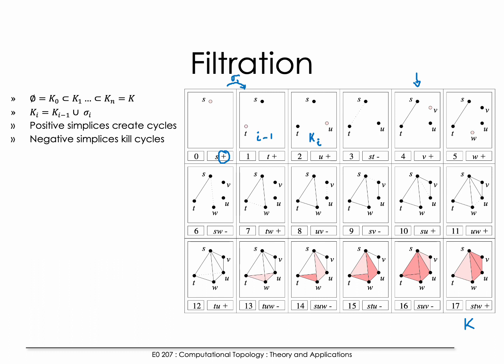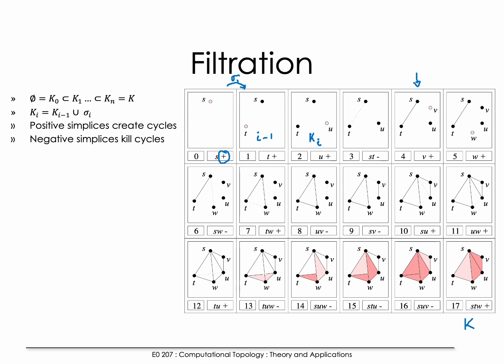So TUW can be inserted now, and when it is inserted, its boundary is one of the existing cycles, which means that it kills that cycle. When it is inserted, it destroys that cycle that was created actually in the previous step. So hence it is negative. TUW is negative.